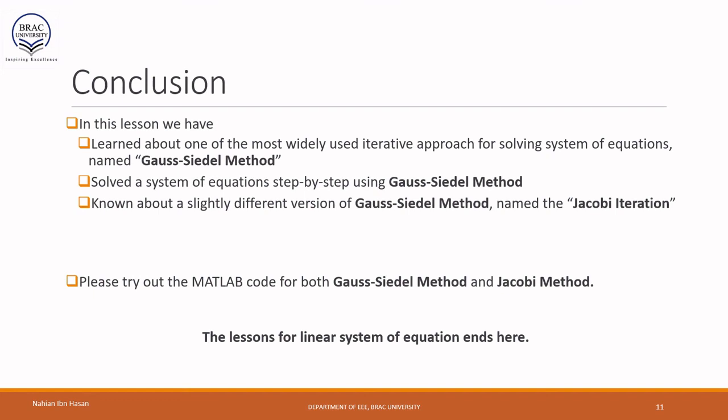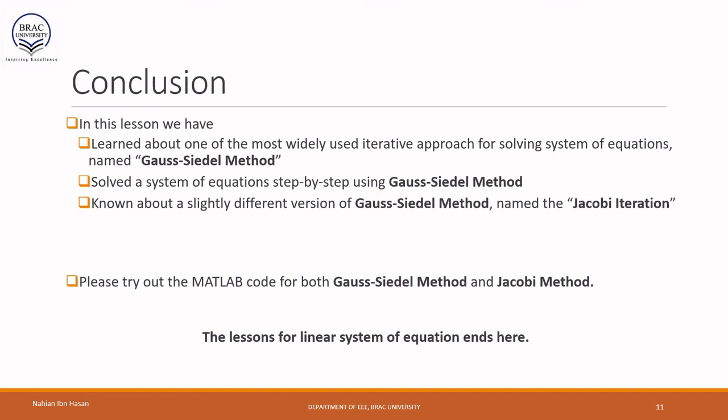As soon as we have a modified version of the approximated unknown value, we start using that value onward. So I hope you understand the difference between these two methods. Gauss-Seidel methods and Jacobi iteration both are very much suitable for computational purposes. So please try out the MATLAB code that I have attached with this lesson for Gauss-Seidel method and Jacobi method.